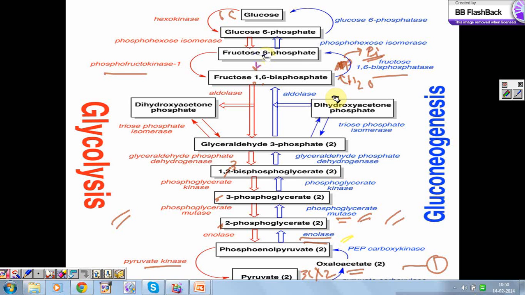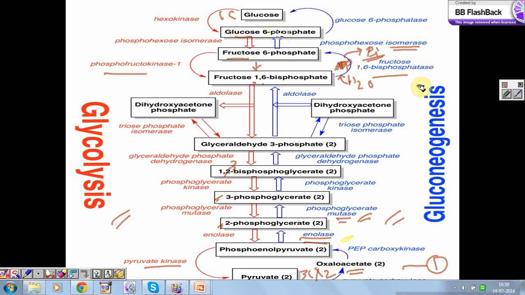And the next step is, from fructose 6-phosphate, glucose 6-phosphate is produced by phosphohexose isomerase. From the name of the enzyme, you can understand that fructose and glucose are isomers. So when I am changing a structure from one isomeric form to another, where fructose is changed into glucose, the enzyme phosphohexose isomerase comes into play.